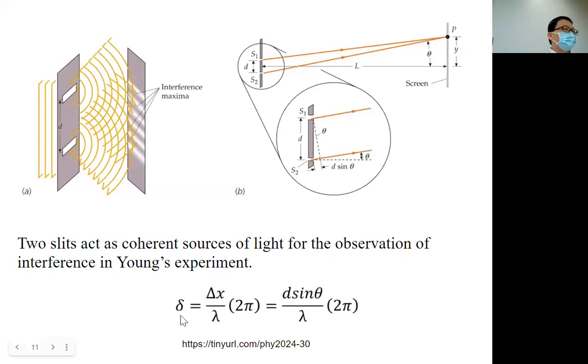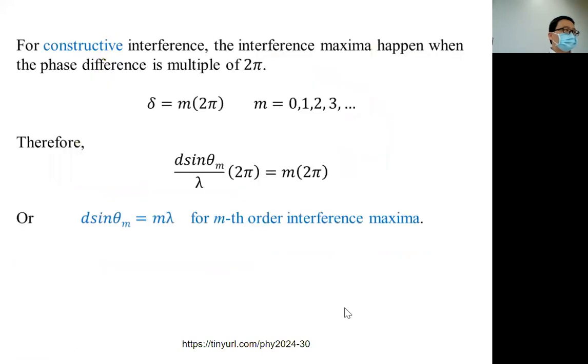So delta x is equal to d sine theta. Then the phase difference, small delta, is equal to d sine theta over lambda times 2 pi. If that phase difference is equal to integer multiples of 2 pi, then we have constructive interference, which means we'll see bright fringes on the screen.